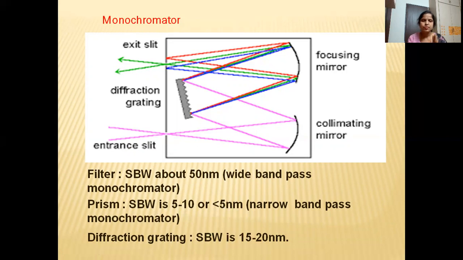So when you are using a prism, you can select the wavelength with a very narrow band, that is 5 to 10 nanometers. That is made incident on the sample, and thereby we can get a clear picture of the absorbance or transmittance.